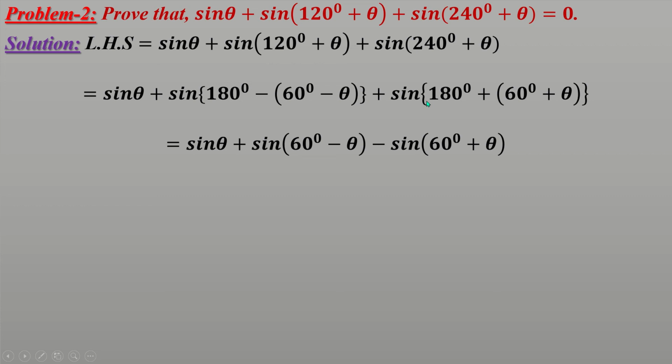In the third quadrant sine is negative, only tan and cot are positive. The number of right angles is 2, which is even, so sine will be sine, but the sign will be minus, and the angle will be 60 degree plus theta.